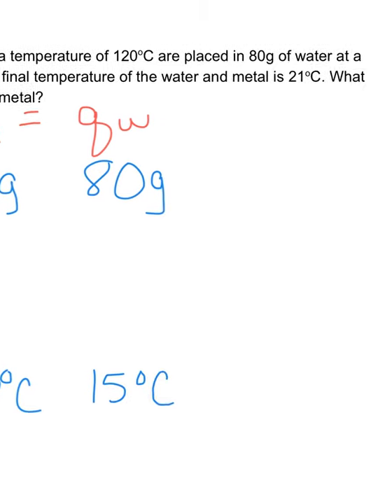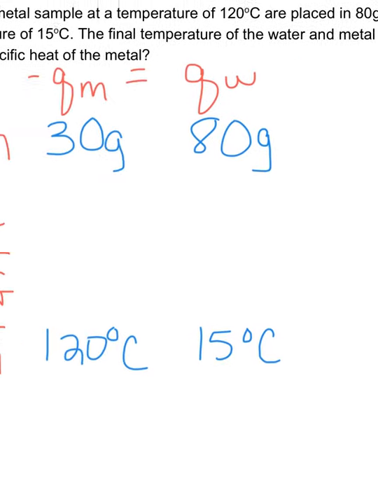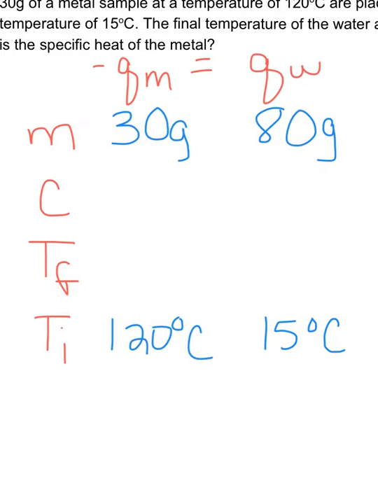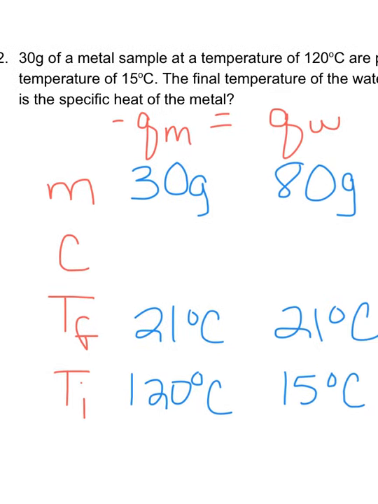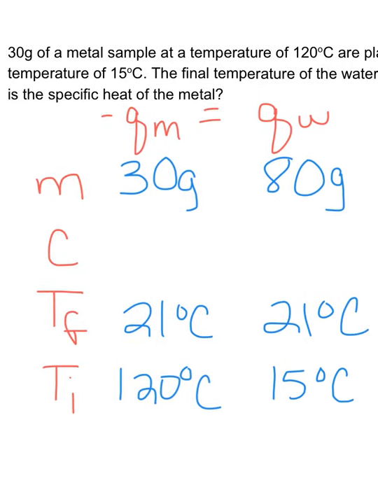The final temperature of the water and the metal is 21 degrees Celsius. What is the specific heat of the metal? So we don't know this.